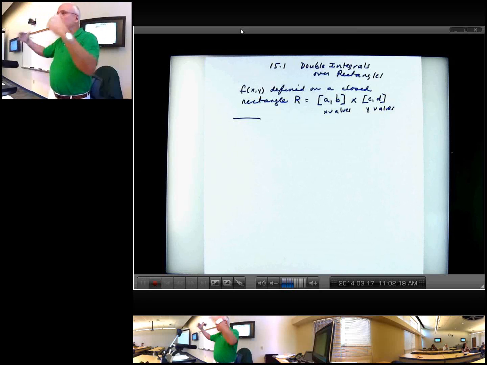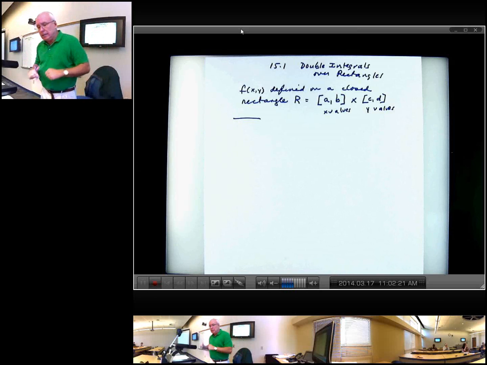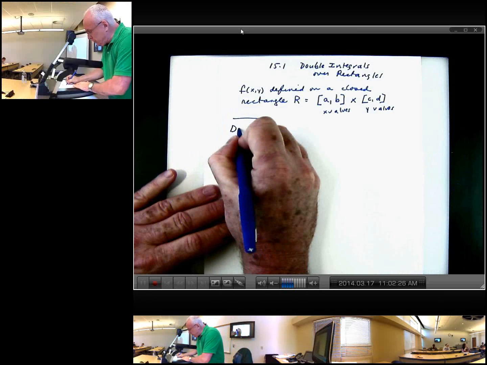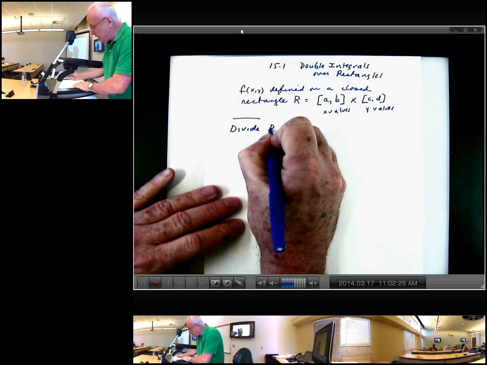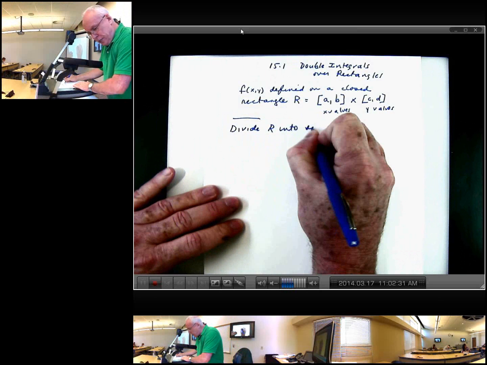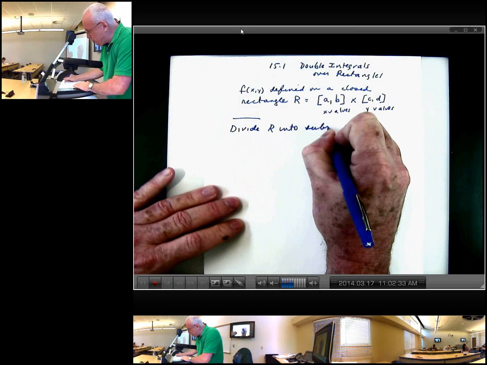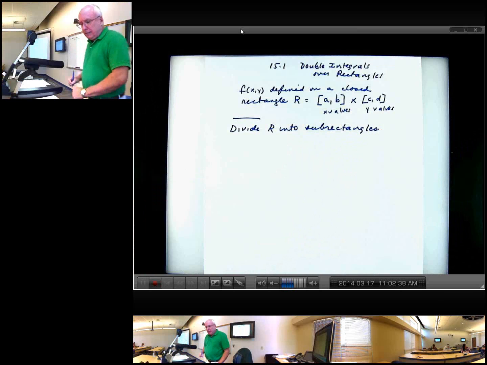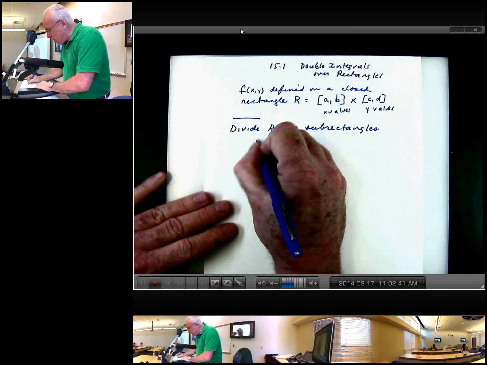You add them all up together and take the limit. Well, this is a similar thing. What we do here is we divide our rectangle R into subrectangles of equal length. After I'm finished writing this stuff out, I'll show you a diagram of what is happening here.